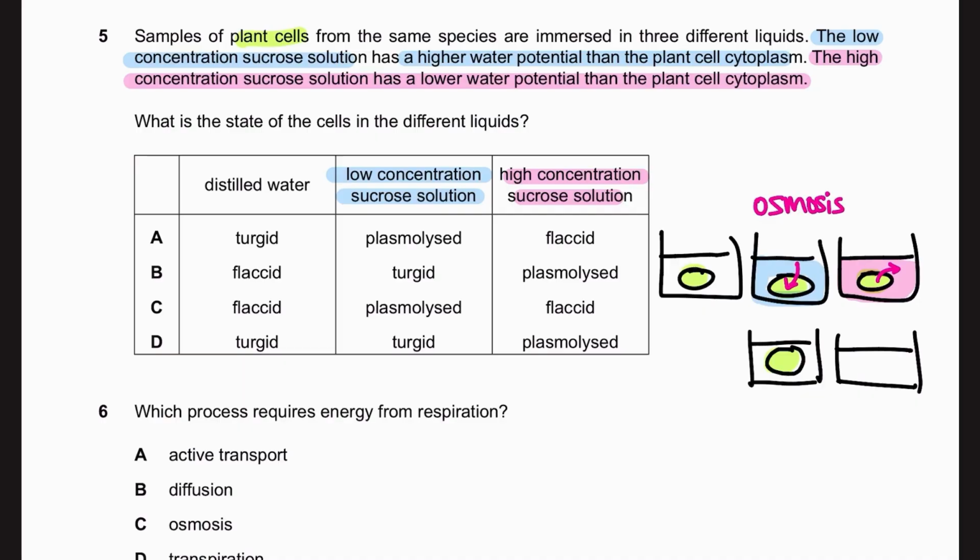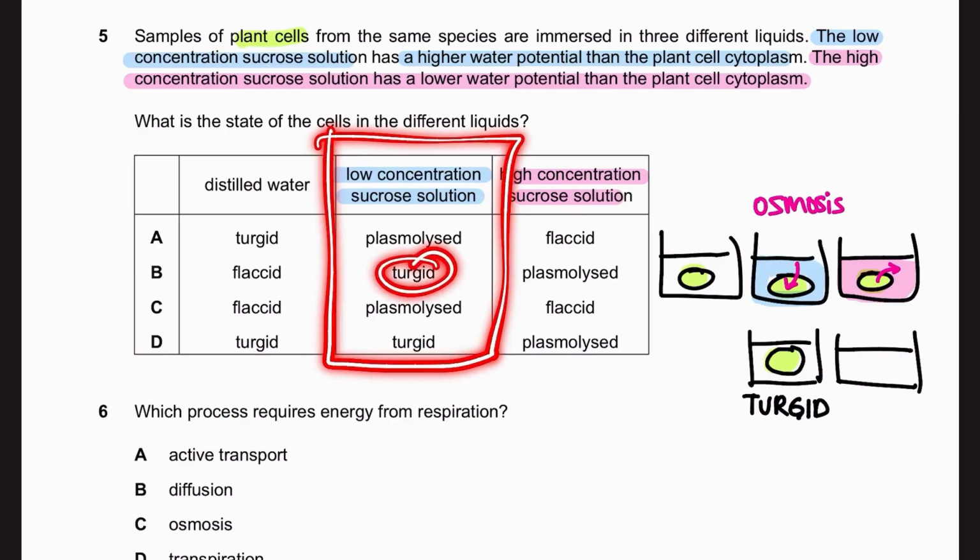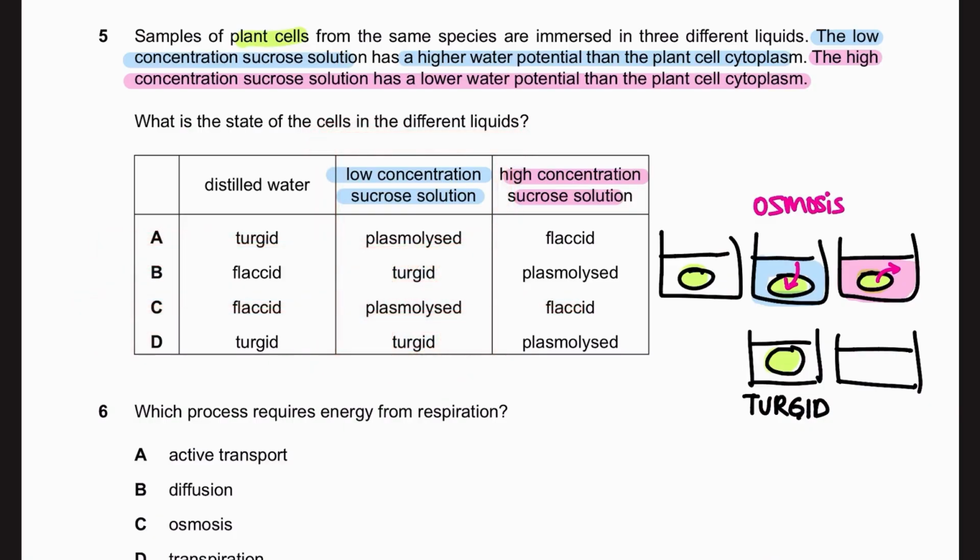I'm going to write this down here, so it's really clear. Turgid. Now we start to eliminate. That means the blue one can only be turgid, so it's got to be this one or this one. Therefore, it's either B or D. So we've already eliminated A and C. Let's get rid of that right now so it does not distract any of us. So forget about A and C.